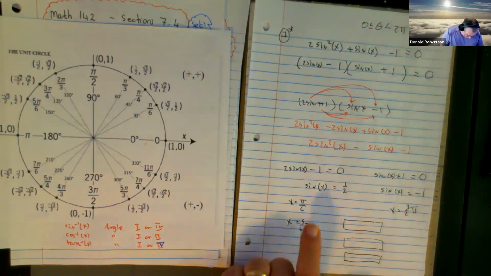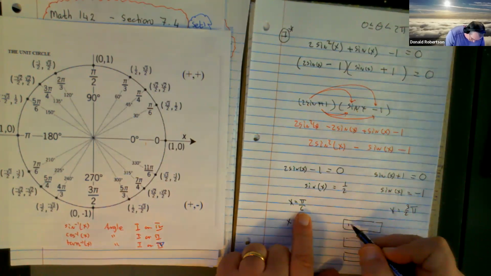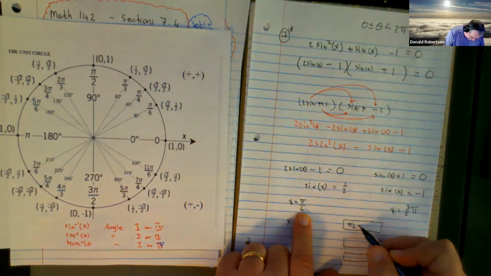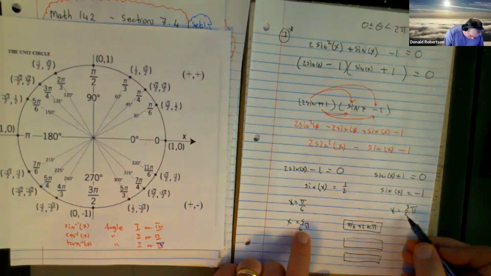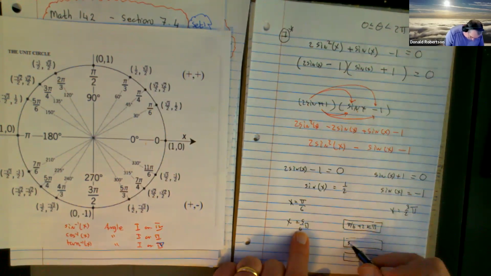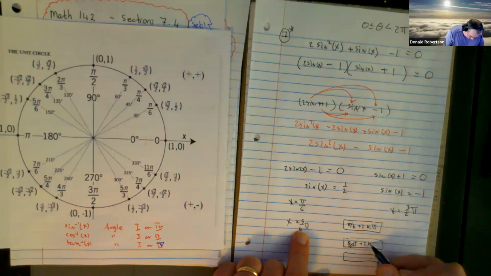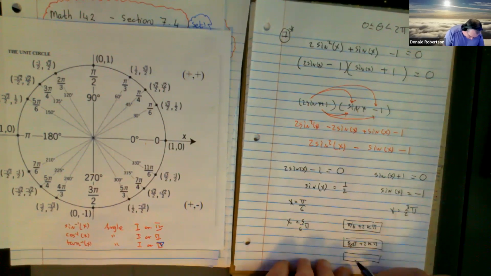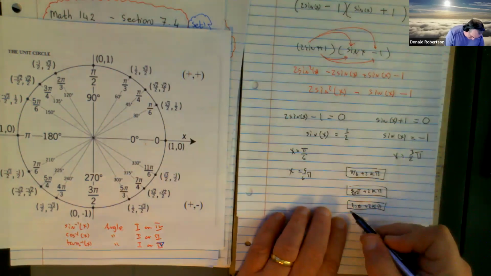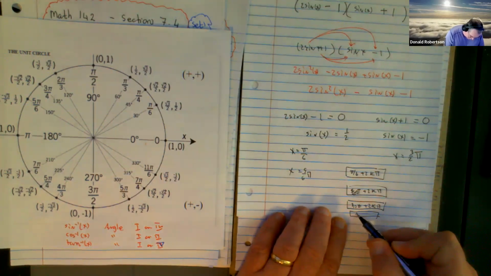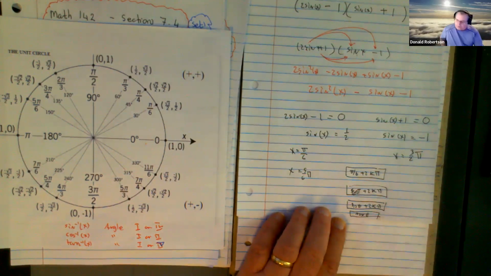The smallest one is pi upon 6 plus 2k pi. The next number is 5 pi upon 6 plus 2k pi. The third one is 3 pi over 2 plus 2k pi. But since they give me 4 boxes and you don't leave them blank, you put none in the 4th box.